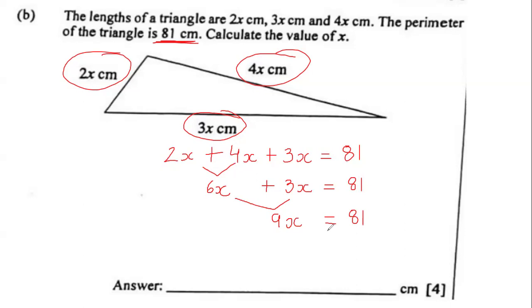Divide both sides by 9. 9x equals 81, so we divide both sides by 9.